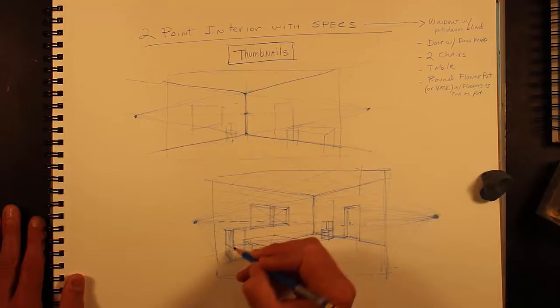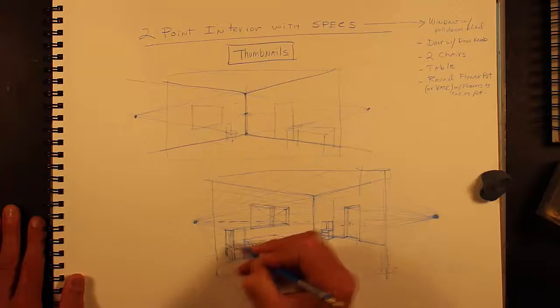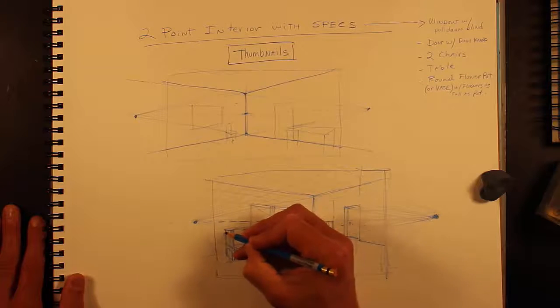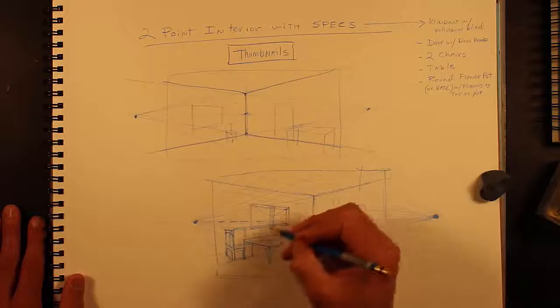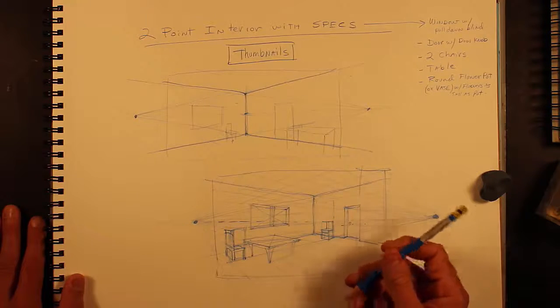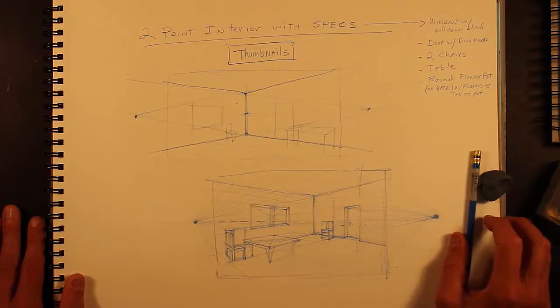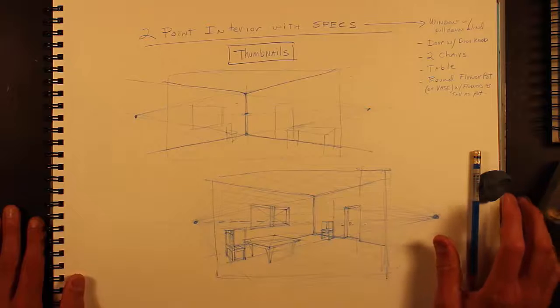I'd probably just lower the chair height a bit. And do that to there as well. So that's the basic concept for how you populate a room in a thumbnail. All right.